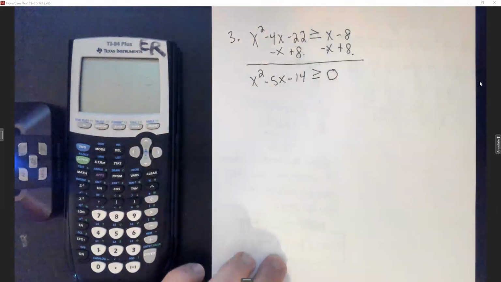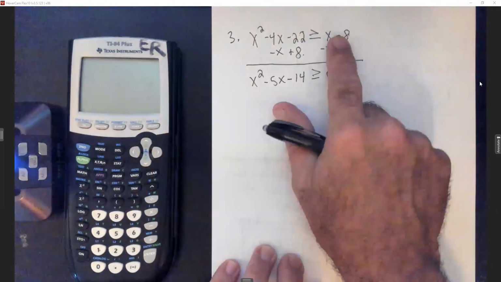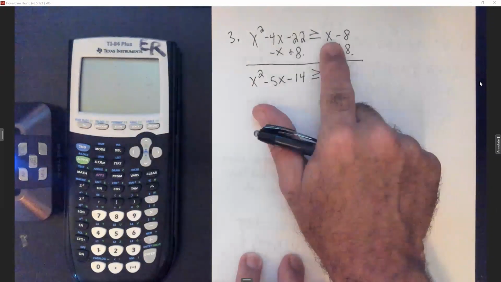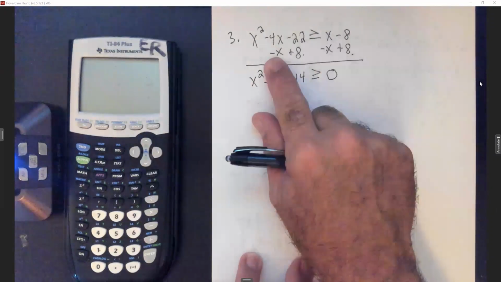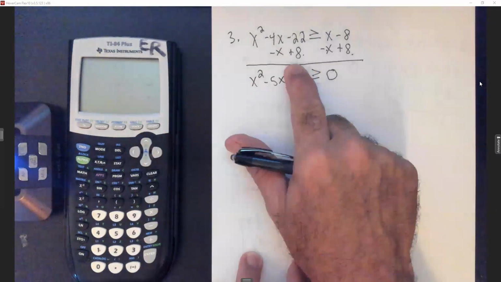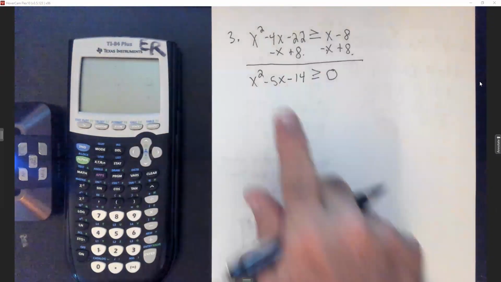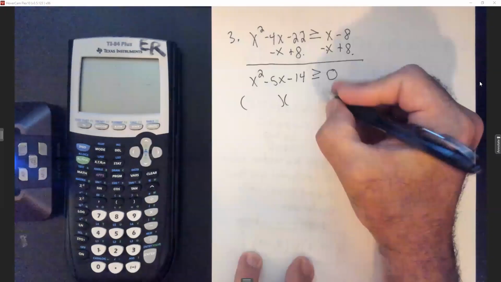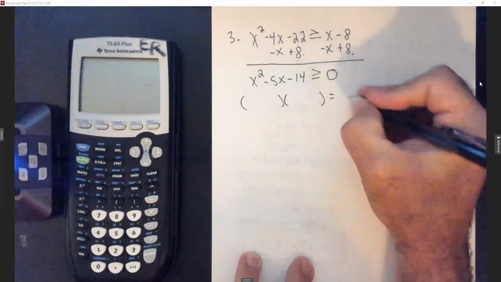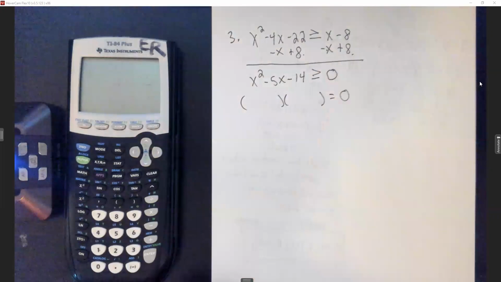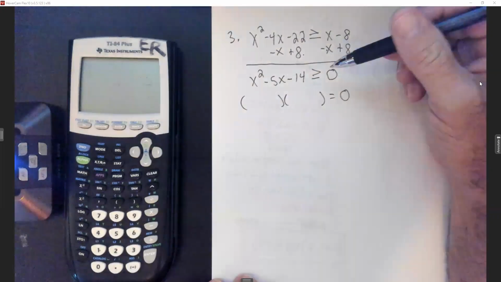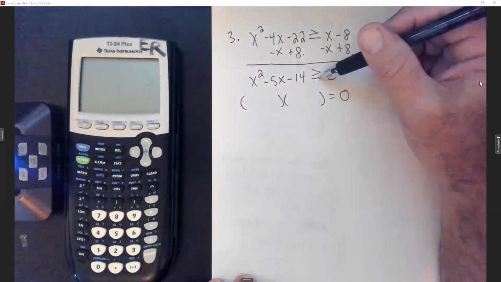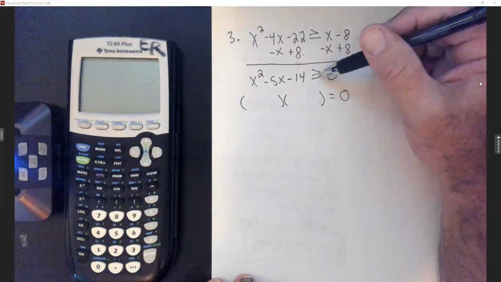So basically, if you want something to move, you change its sign. Okay, that x was positive, it became negative. The 8 was negative, it became positive. So now this is what we're worried about solving. So let me bring down my parentheses. And at this point, I'll just set it equal to 0. I do know at the end when I write my intervals, since this one has the equal sign under that, I will use the brackets this time, okay?